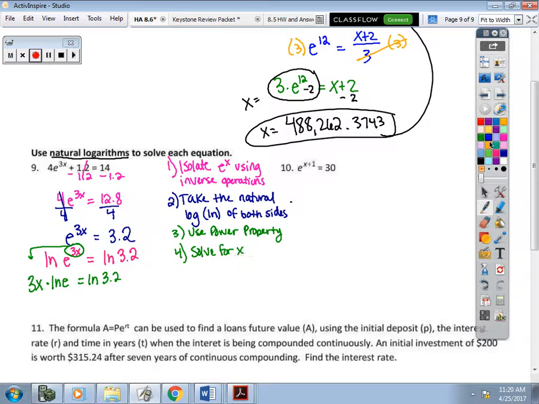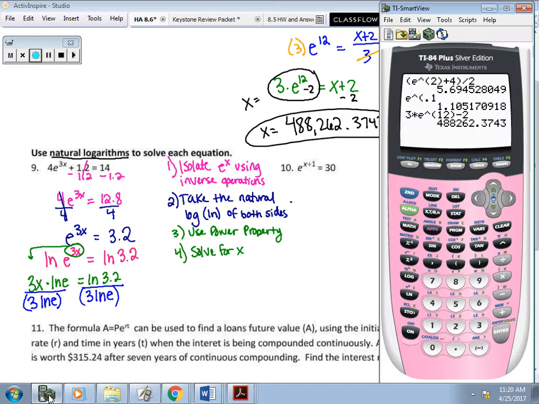So all you'll have to do is undo multiplication with division. I will divide by 3 and the natural log of e. And you'll want to group those. And then this will go into our calculator. Again, make sure you close your parentheses after the 3.2. And we should get 0.3877.